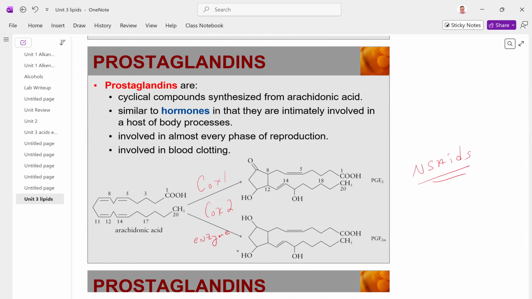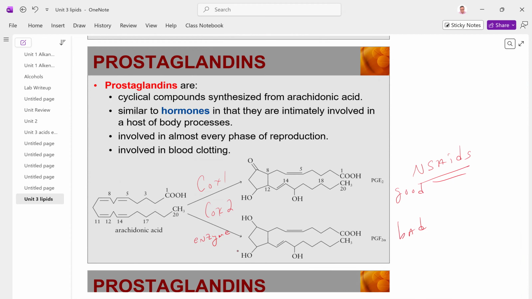There's the bad kind and the good kind. When you take an NSAID, you decrease production by COX-1 and COX-2. Now, the problem is COX-1 produces the good prostaglandins that do things like lower blood pressure and increase anti-inflammatory activity.